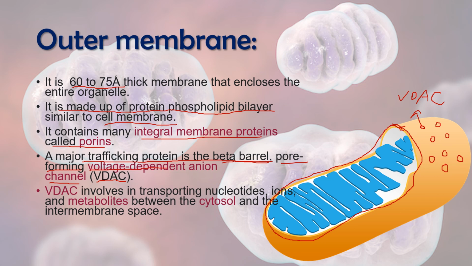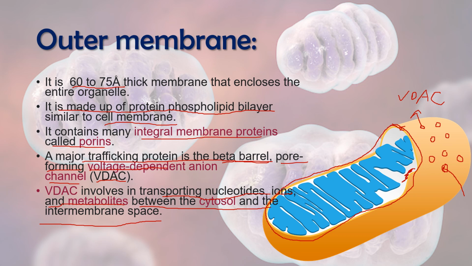The VDAC is involved in transporting nucleotides, ions and metabolites between the cytosol and the intermembrane space. So these porins help in transporting nucleotides, ions and metabolites across the outer membrane to the intermembrane space.